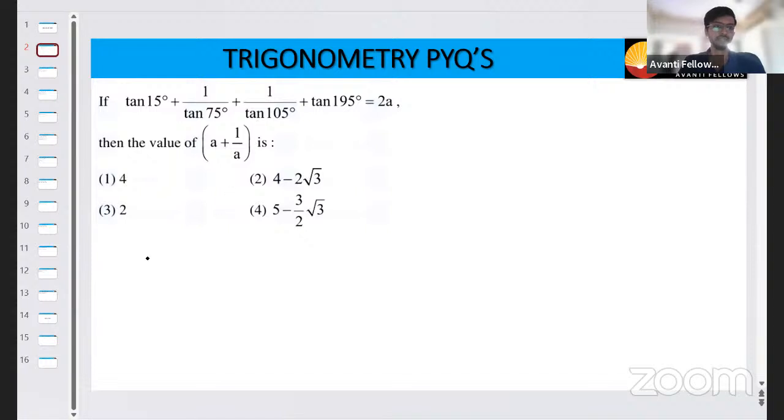Tan 105, I can write it as 90 plus 15. So tan 105 can be written as tan of 90 plus 15, right? Which becomes minus cot 15, by using allied angles.